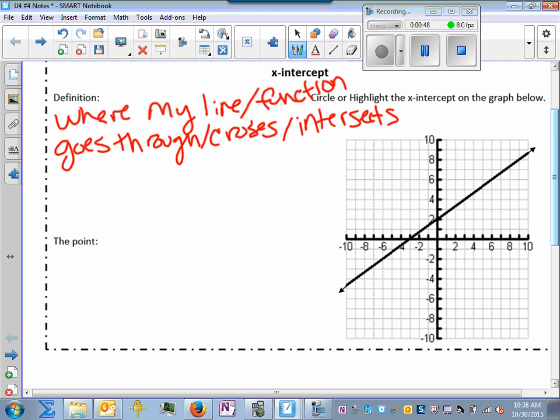I suggest you write intersects and either goes through or crosses, whichever one makes most sense for you. She needs to intersects the x-axis.